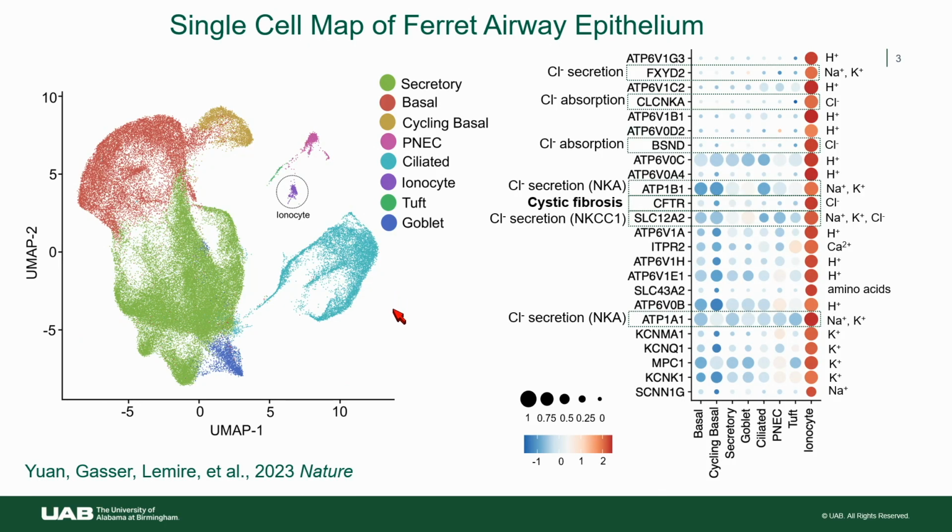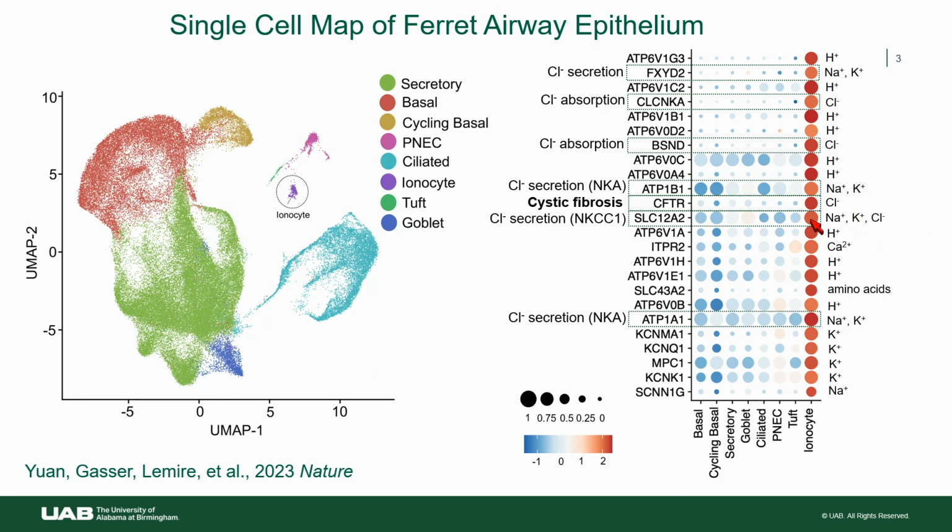Then we looked into the gene expression profile. So here is a gene expression bubble plot. The darker color means the higher gene expression. So we can find that the pulmonary ionocytes are highly enriched in many kinds of ion transporters, such as proton transporters, chloride transporters, sodium, potassium, and calcium.